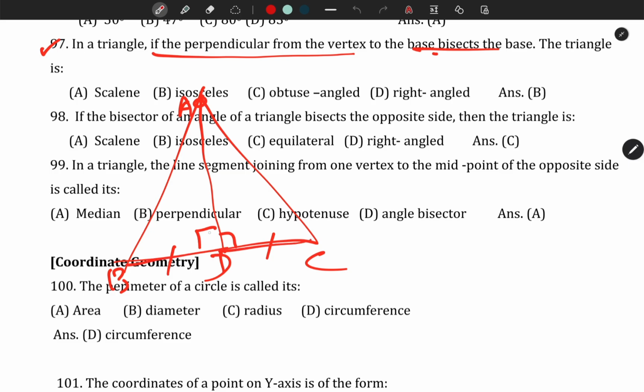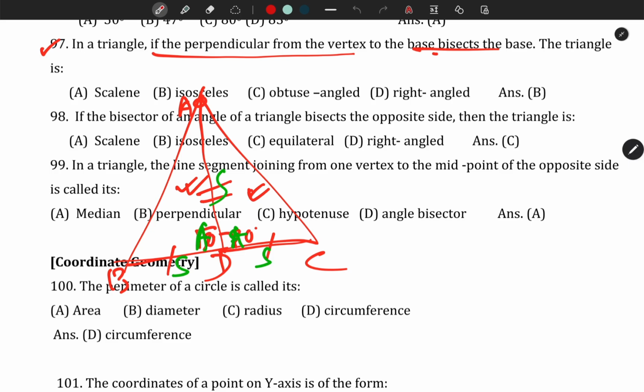So this is perpendicular, so this angle will be 90 degree. Here also it will be 90. So we have AD common. If you look at these two triangles, triangle ABD and ADC, they are congruent by SAS, because here we have side, angle, side.